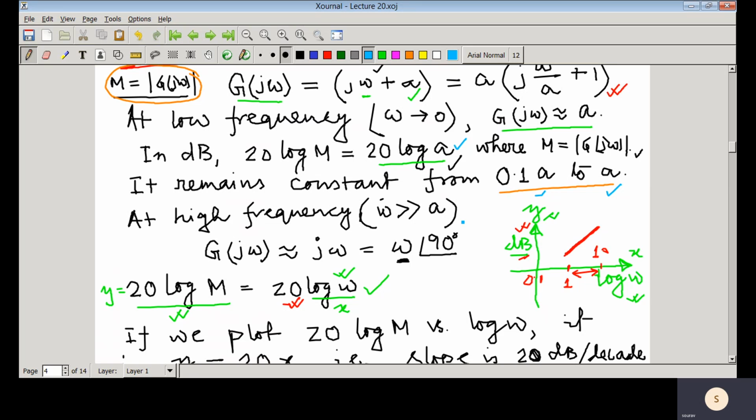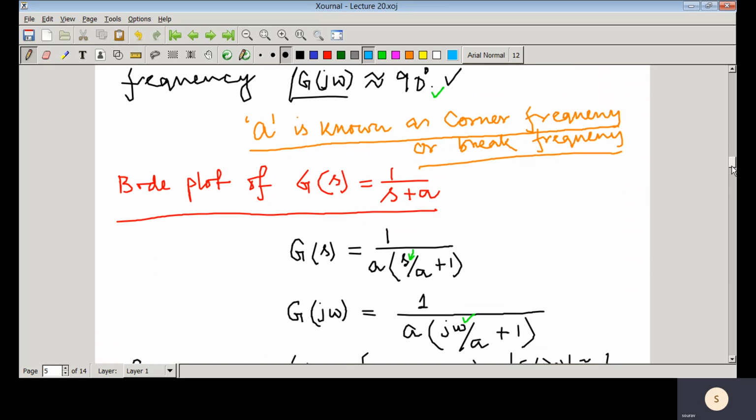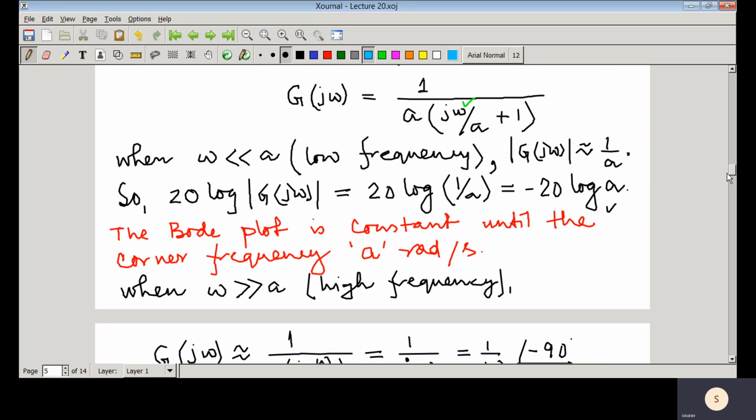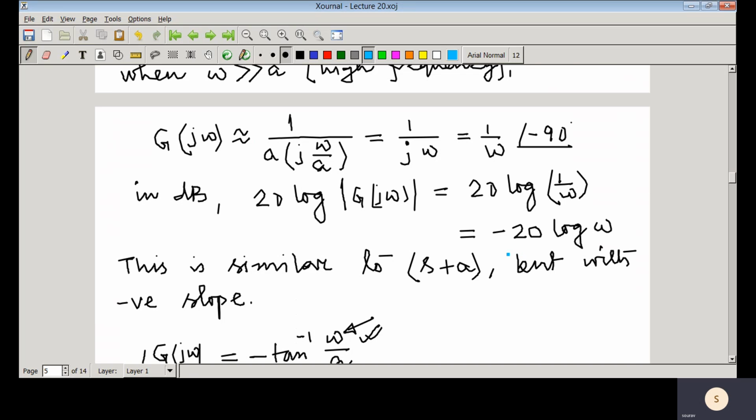And when the frequency is high, the slope would be 20 dB per decade. It is just the opposite in the case of 1 by s plus a. Up to the corner frequency a, the gain would be minus 20 log a, and at high frequency the slope would be negative, minus 20 dB per decade.